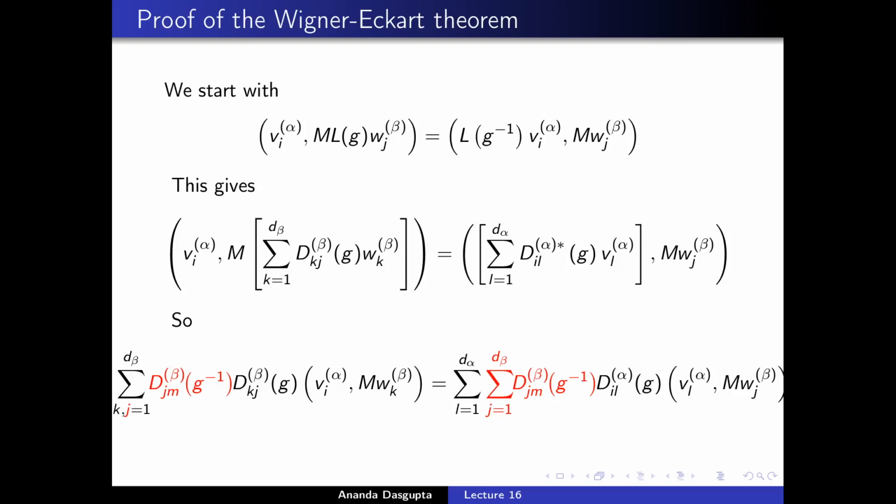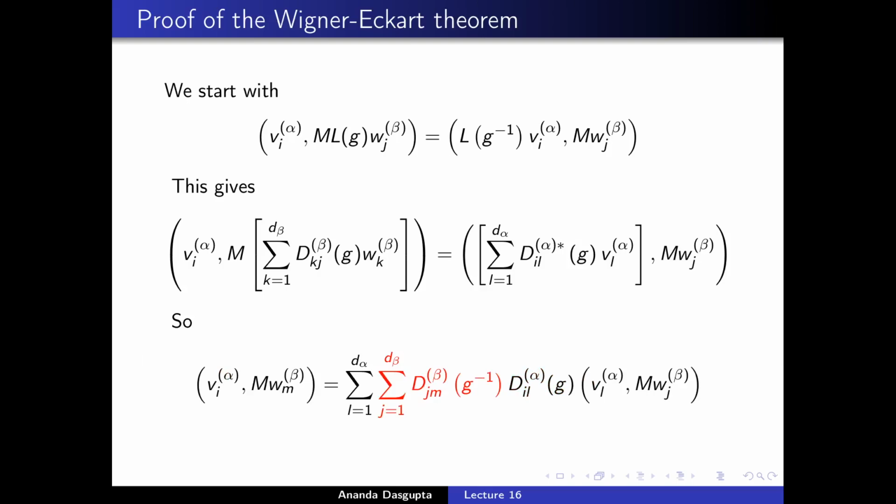And now this makes the sum over k trivial, and you're going to end up with k being replaced by small m on the left hand side. So the left hand side simply becomes V_i^α, M W_m^β, this particular matrix element, that is equal to this rather complicated looking term on the right hand side.